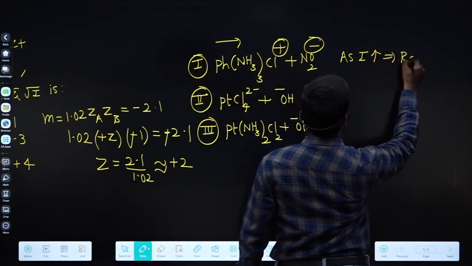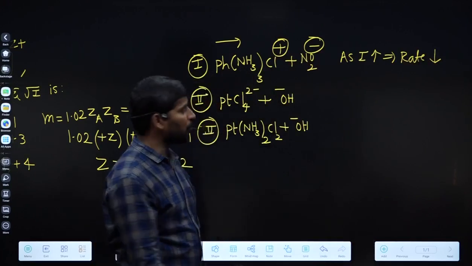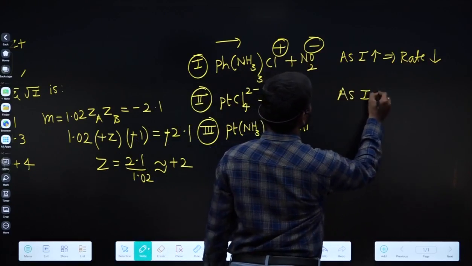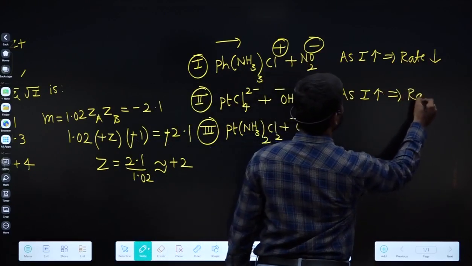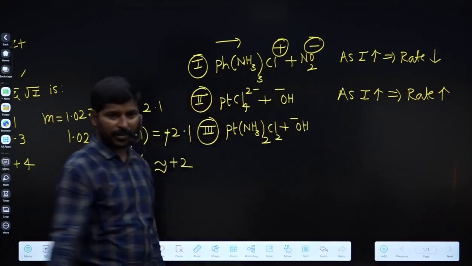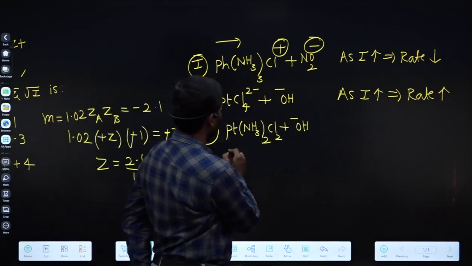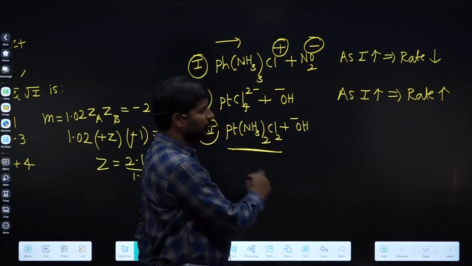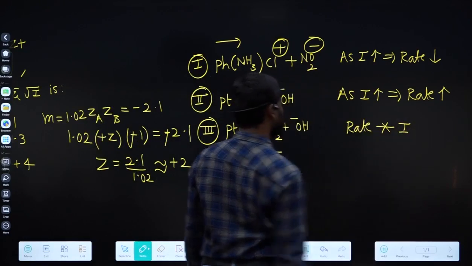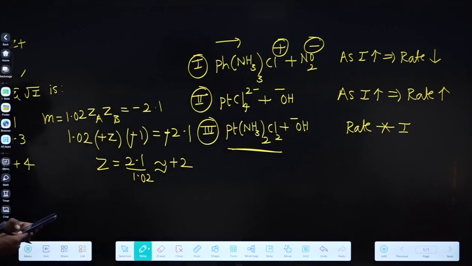What about the second case? As ionic strength increases, the rate also increases, since same charged species are given; the slope we get is positive. Next, here one reactant is neutral, therefore the rate is independent of ionic strength, as one of the reactants is neutral.